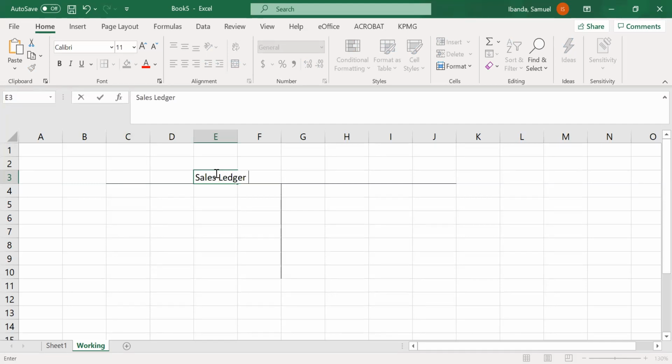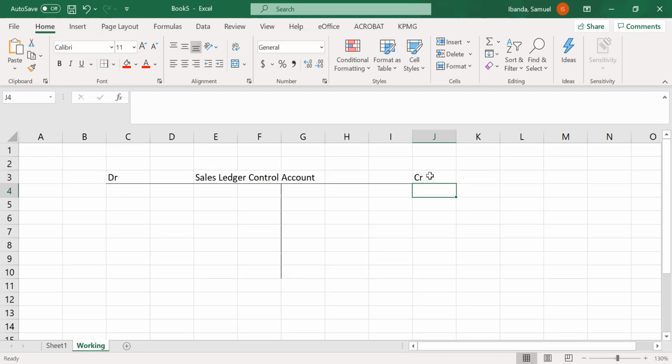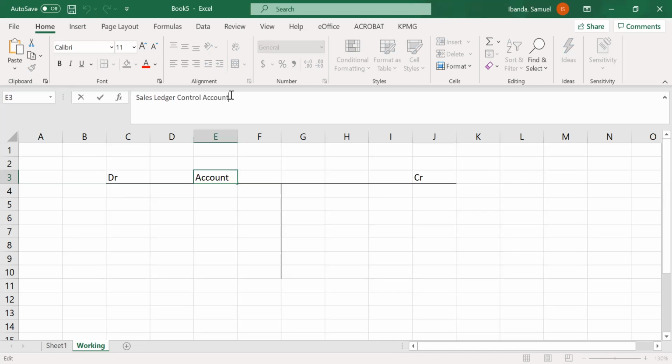Sales ledger control account. So this is debit, this is credit. We use what is called the sales ledger control account. This sales ledger control account can also be called a debtors control account, or debtors ledger control account.